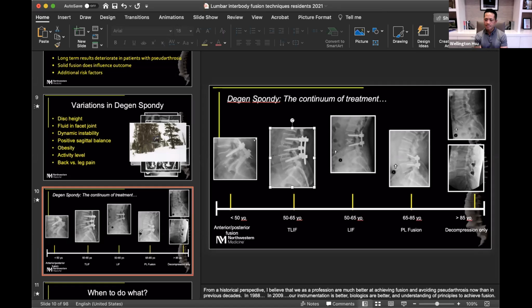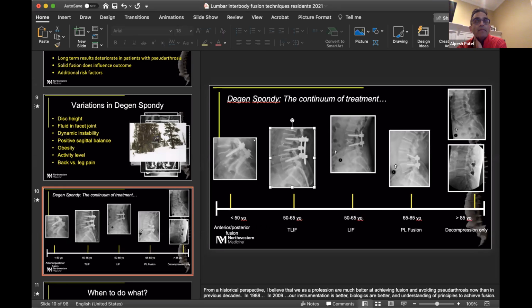What about you, Al? Yeah, I mean, similar things. The only other factor that I think about against interbody fusion is osteoporotic or osteopenic patients, because I think those subside, unless you want to go lateral or ALIF, you're going to get subsidence.